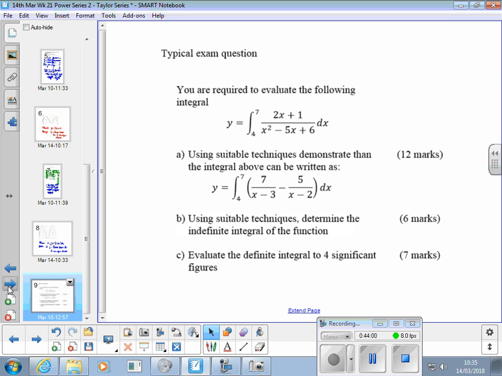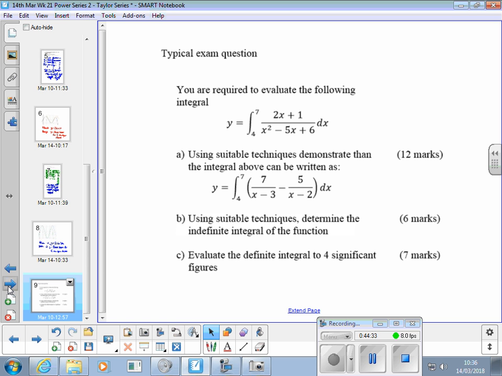So the first bit is asking you to demonstrate that using partial fractions techniques, you can separate that into those 2 partial fractions there. And then the rest of it is, can you find the definite integral for that function using normal integration techniques? And then once you've found the definite integral, can you apply the limits and evaluate the definite integral between 4 and 7.